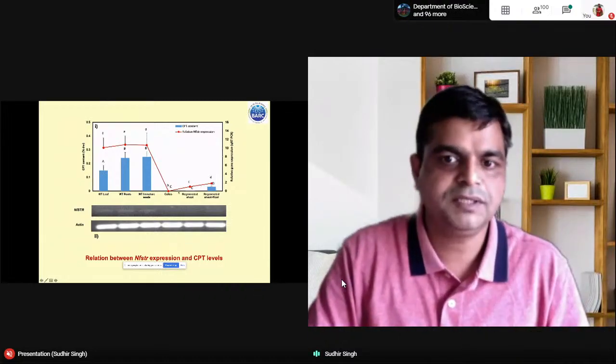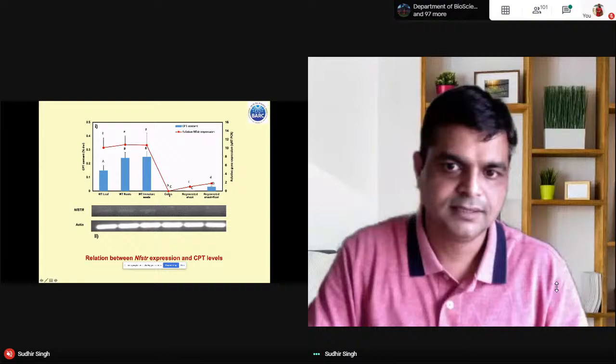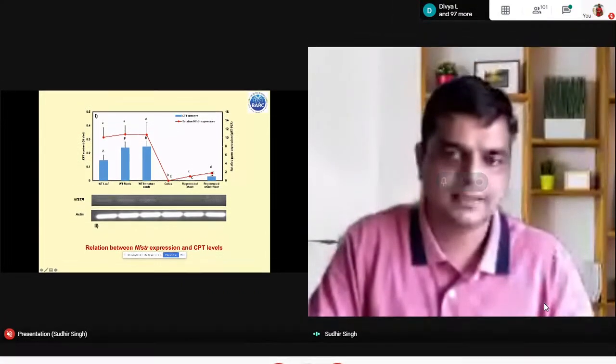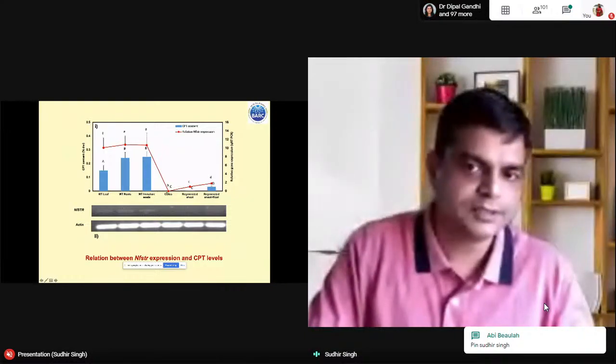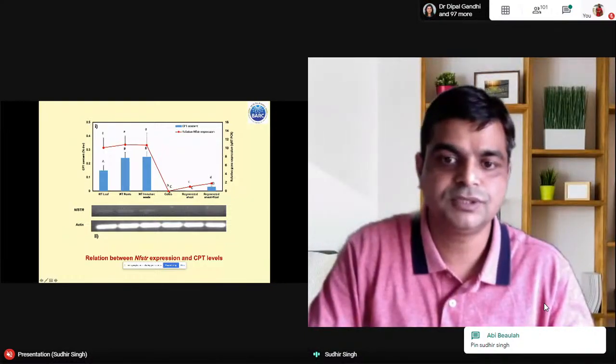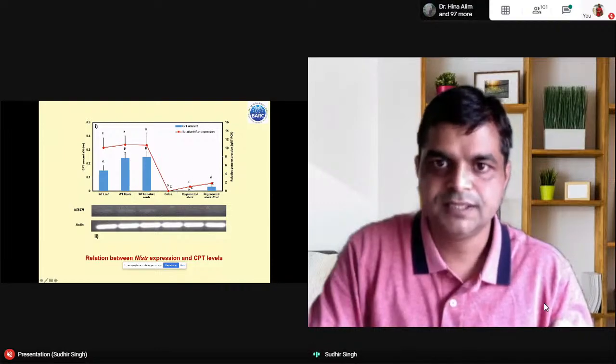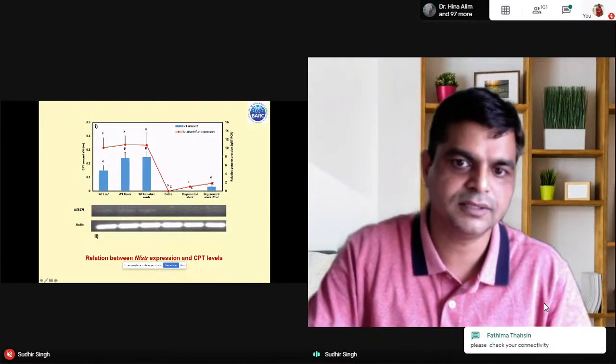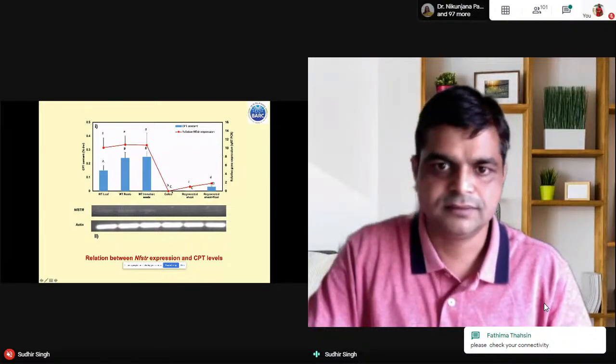But the same thing when we try in the callus, the regenerated shoot and the regenerated small plantlet. I have shown that in callus the biosynthesis of camptothecin was minimal. Here you can see callus doesn't have camptothecin.